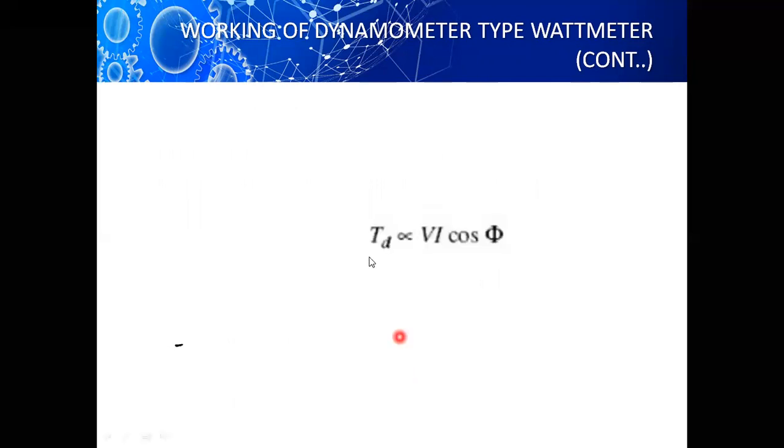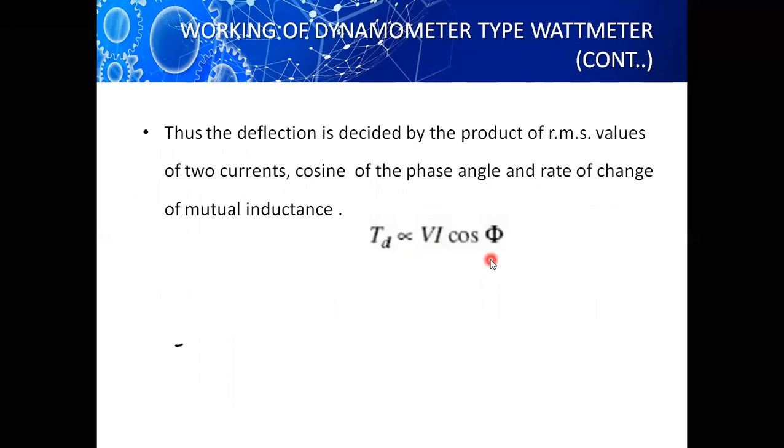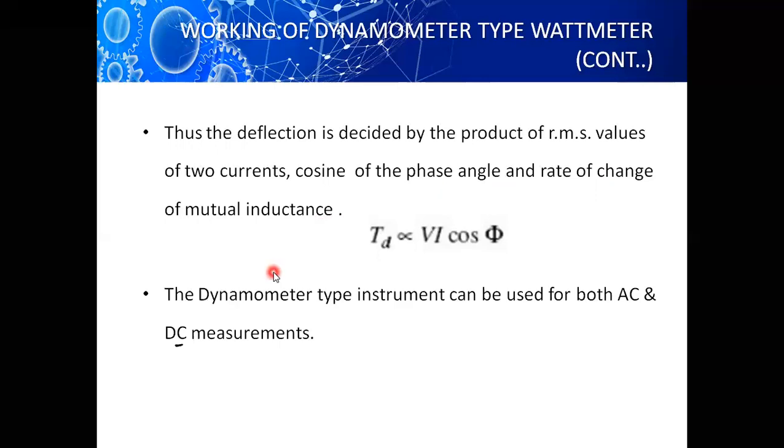Hence, we will have deflection torque proportional to V I cos phi. So the deflection torque is decided by the product of the RMS of the two currents, the cosine of the phase angle, and the rate of change of mutual inductance. So dM by dθ is maintained constant, so I'll just remove it. So we have TD proportional to V I cos phi.